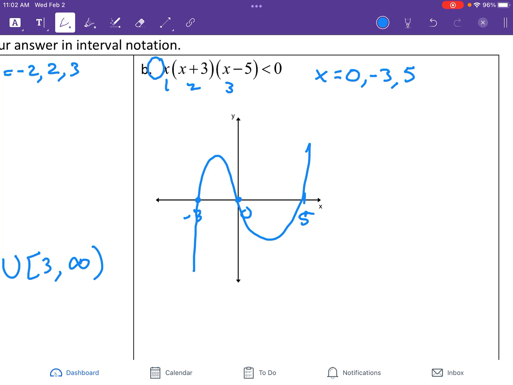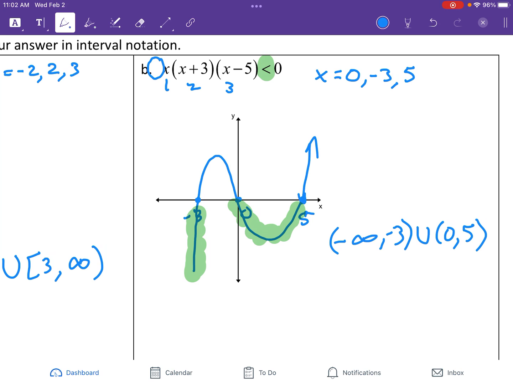All right, and now we are looking for less than, which is below the x-axis. We're looking for these values. So we started off to the left at negative infinity, and we're going to -3. Because it's just less than, it's just a parenthesis. And there's a break. We start up again at 0 and go to 5. And we stop. And that's it. We're done.